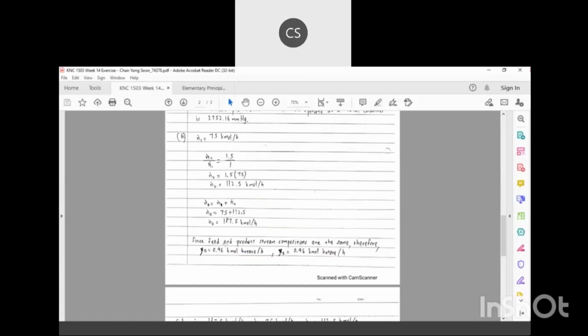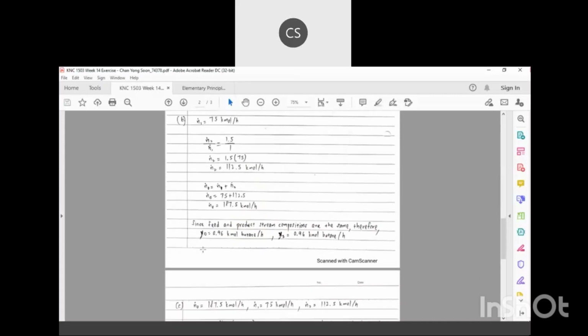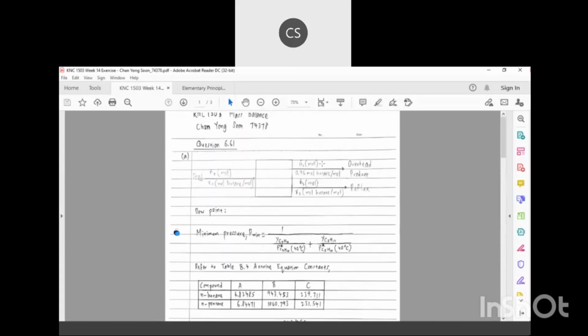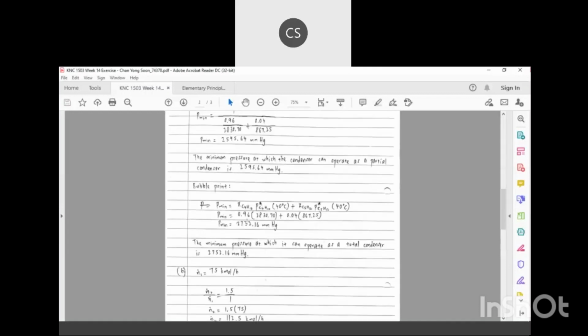Then since feed and product stream compositions are the same, the molar composition of the vapor feed is equal to 0.961. All the molar compositions are the same, because the feed and product stream compositions are the same.